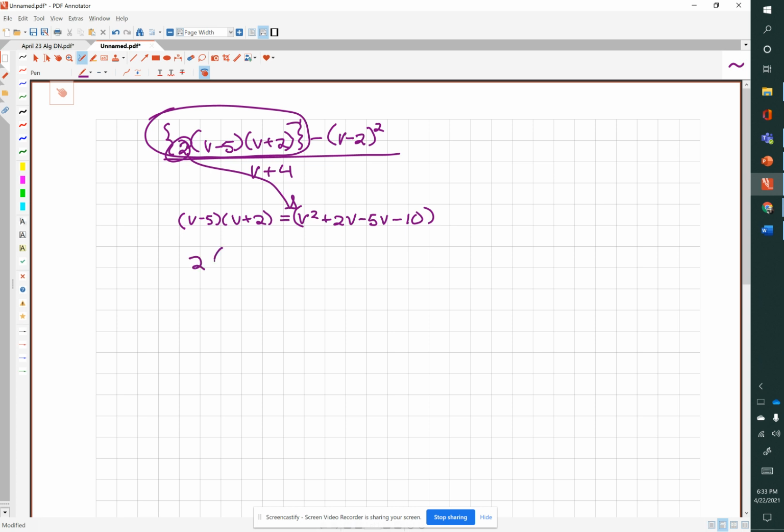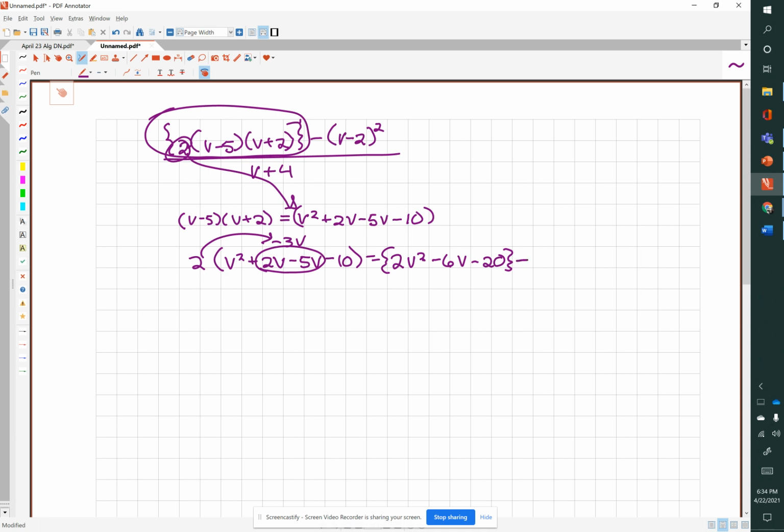So 2 times v squared plus 2v minus 5v minus 10 equals 2v squared minus 6v, because we can combine these two. So this would be negative 3v. So 2 times negative 3v, negative 6v minus 20. Okay, so that's the first part simplified.